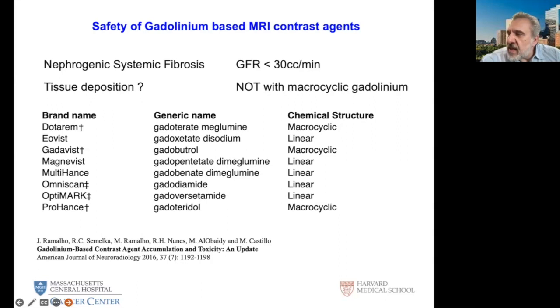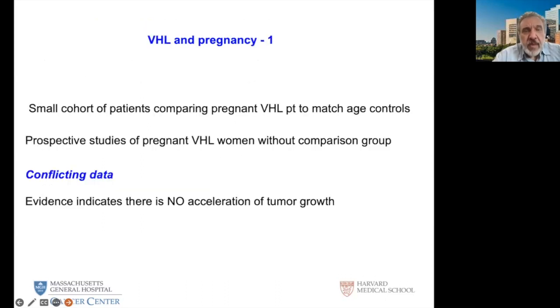So there is not really any problem of tissue accumulation with the macrocyclic dyes. As a matter of fact, as time passes, artificial intelligence methods are applied to the MRIs, and the amount of dye that they have to inject is becoming smaller and smaller.